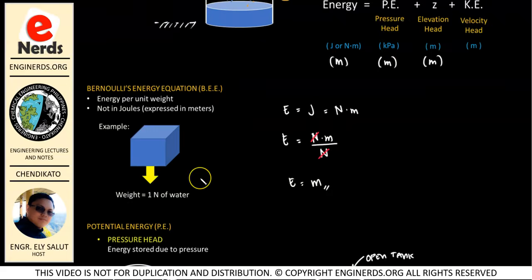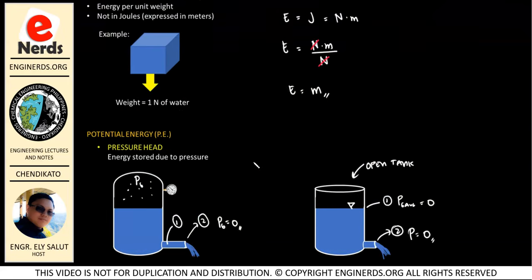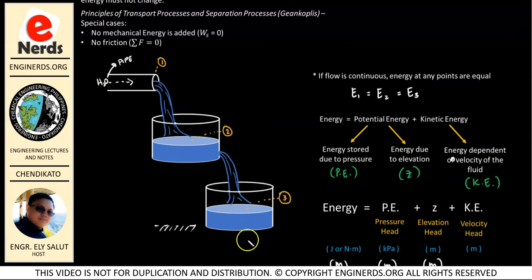So that means if we are talking about elevation head, our potential energy due to elevation in point 1 is greater than energy in point 2 and it is greater than energy in point 3. Okay, so I hope clear to sa atin guys, no? So once again, if we are talking about elevation head, we are talking about the position of our fluid.